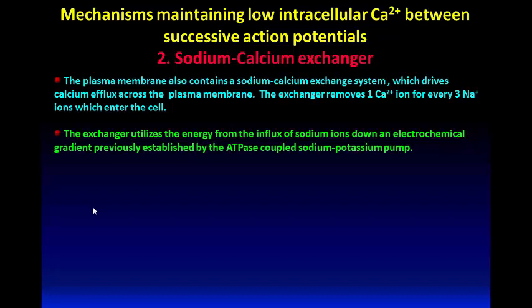What maintains the low intracellular concentration of sodium ions within the cytoplasm of the myocyte is the sodium-potassium pump. So the sodium-calcium exchanger utilizes the energy from the influx of sodium ions down their electrochemical gradient. Previously, this gradient was established by the ATPase coupled sodium-potassium pump.